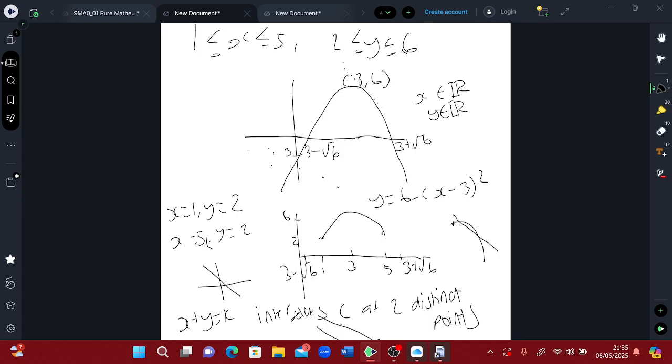If we go above this point here, it would not intersect at all. So can you use a discriminant? If we set it to 0, the only time there's only one intersection is there, at that one point.